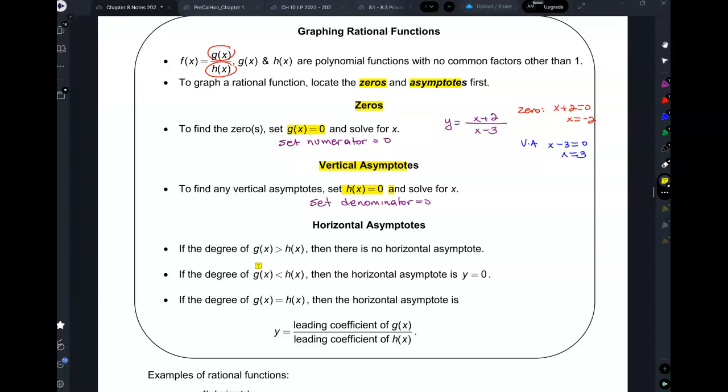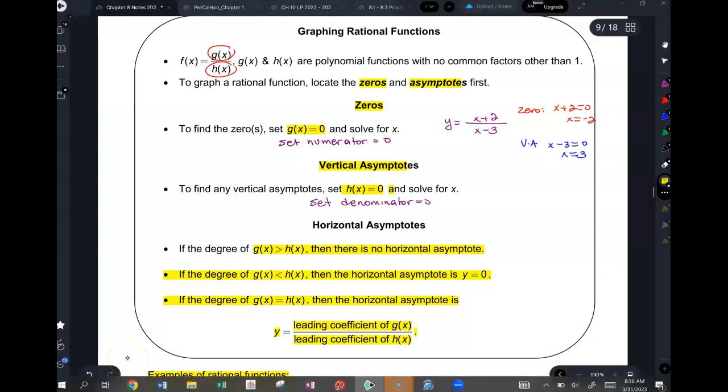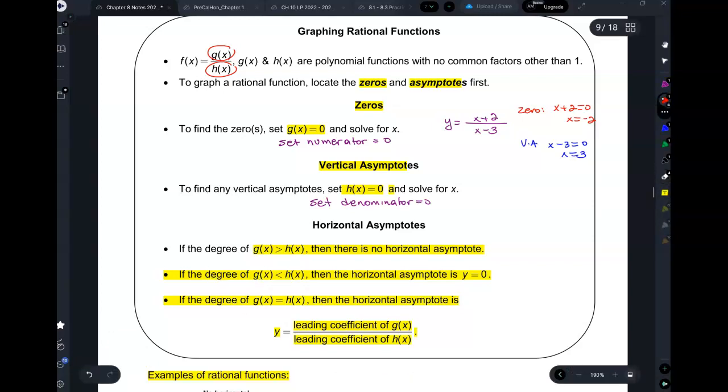So now there are 3 possibilities. If the degree of the numerator is greater, then there is no horizontal asymptote.